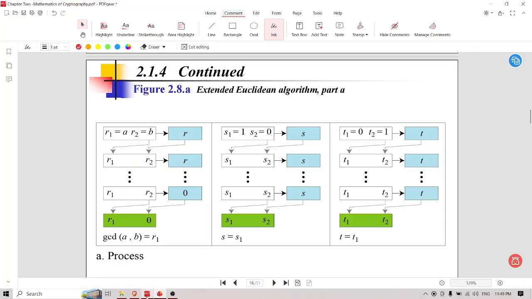Now see in here, S2 is equal to S1. This is how we got it.